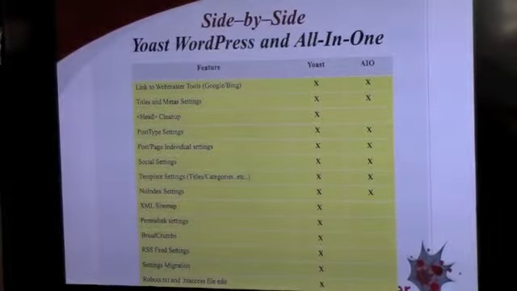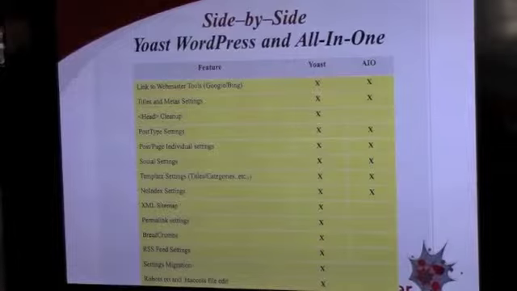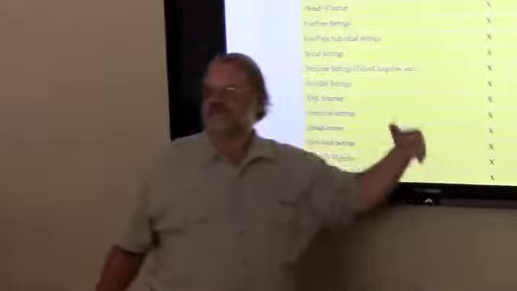So you can see that Yoast has more features. That doesn't make it better, because if you don't need these and you only need these, then you don't need Yoast. So keep that in mind. It's got to be useful to you.